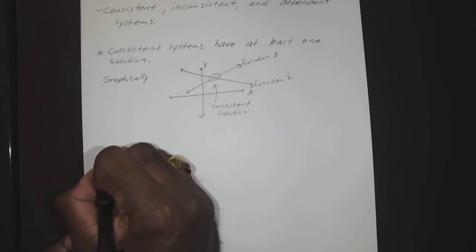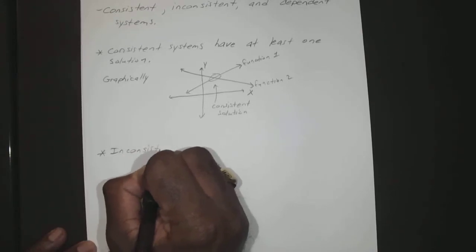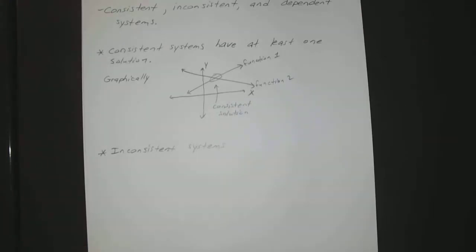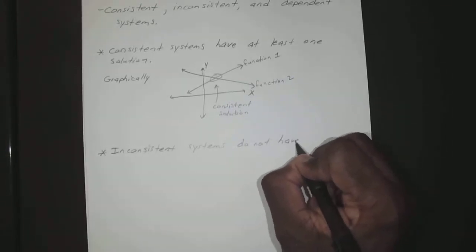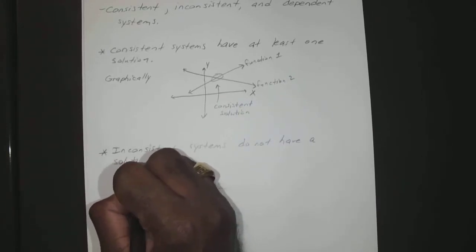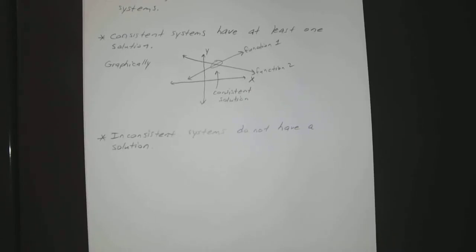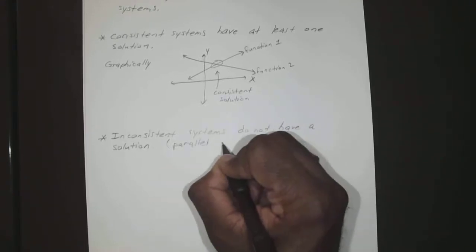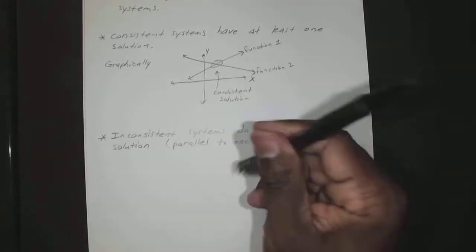Now, inconsistent systems do not have any solutions at all. Which means that if you think about it, they're parallel to each other.